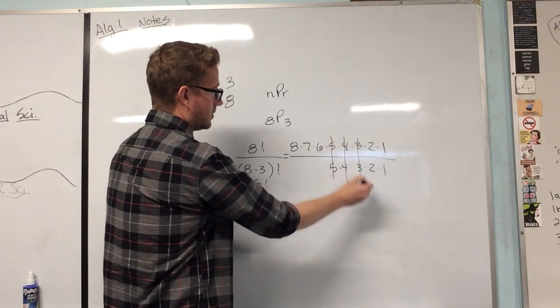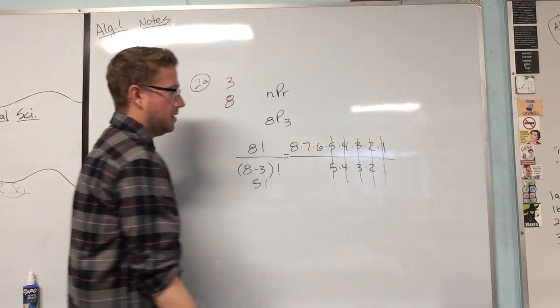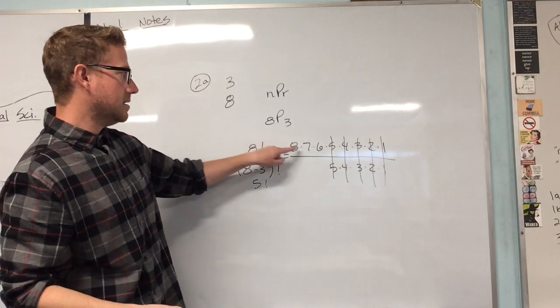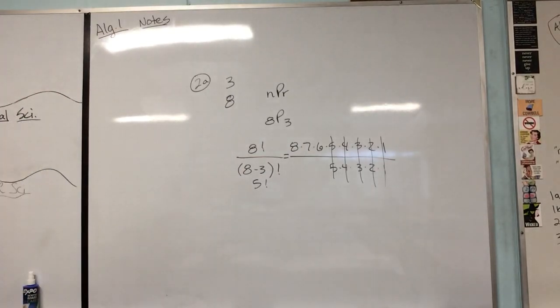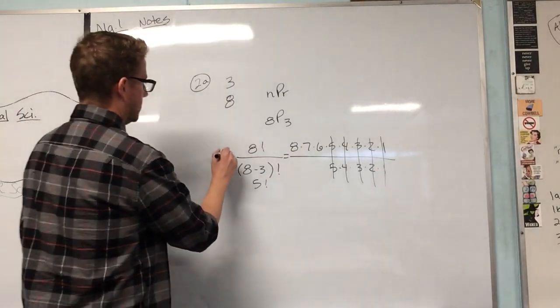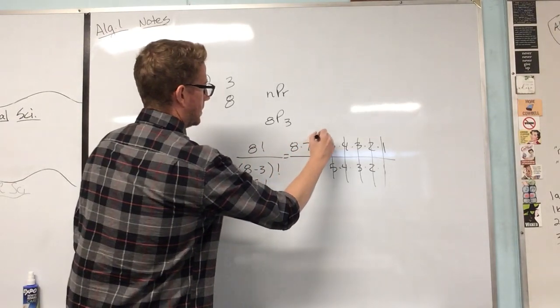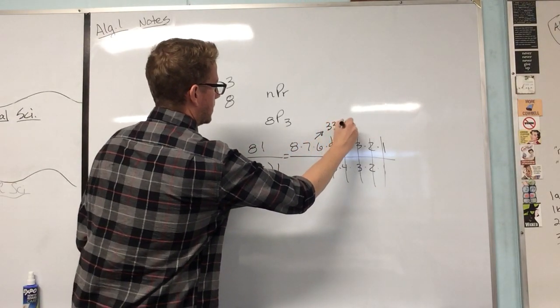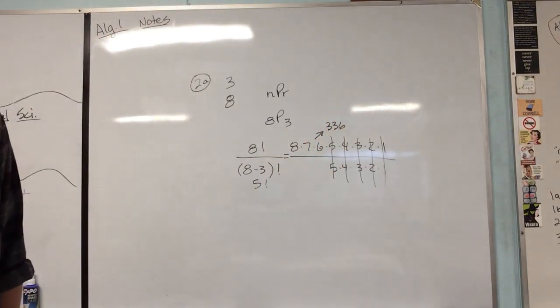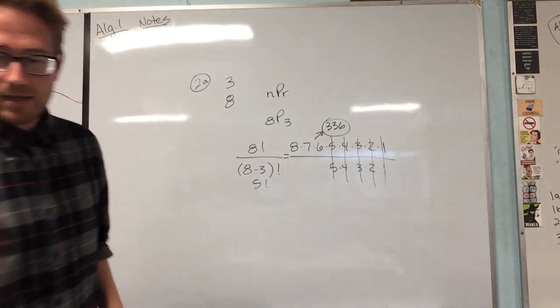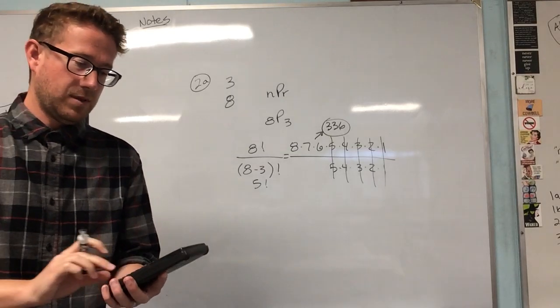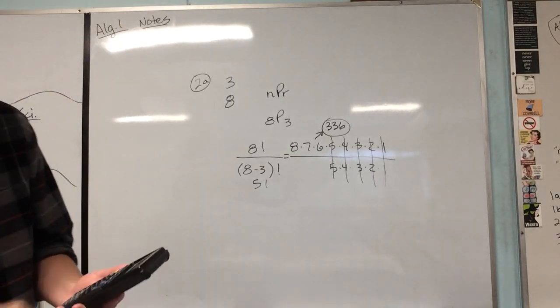This all crosses itself out. So really, you're just looking at 8 times 7 times 6. When you work that out, you're going to get 336. That would be 336 different ways.